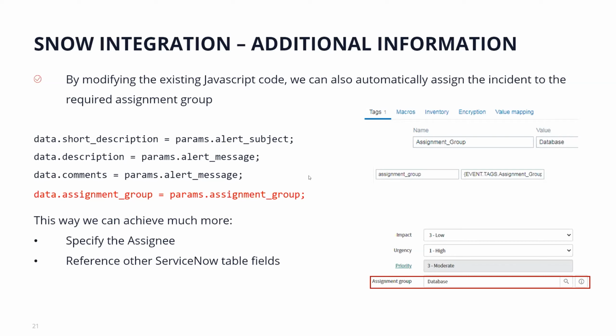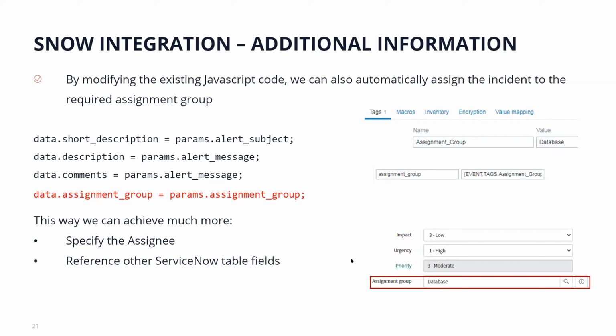And this one will be based on tags: assignment group, event tag, assignment group. And the result will be assignment group will be database taken from the tag of the event. And this way we can just populate everything. The main point that you need to know is your table field name, assignment group, and that's it.